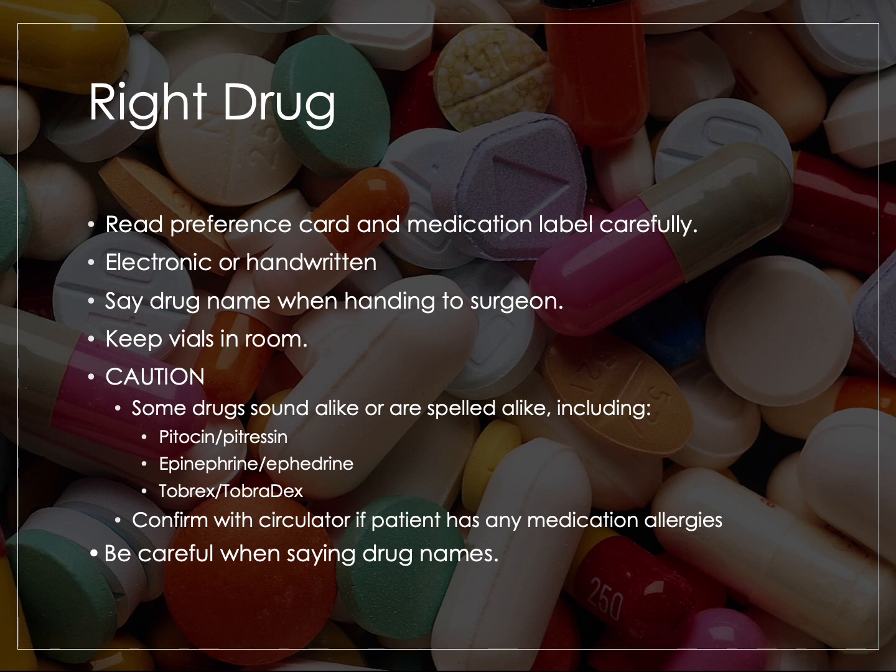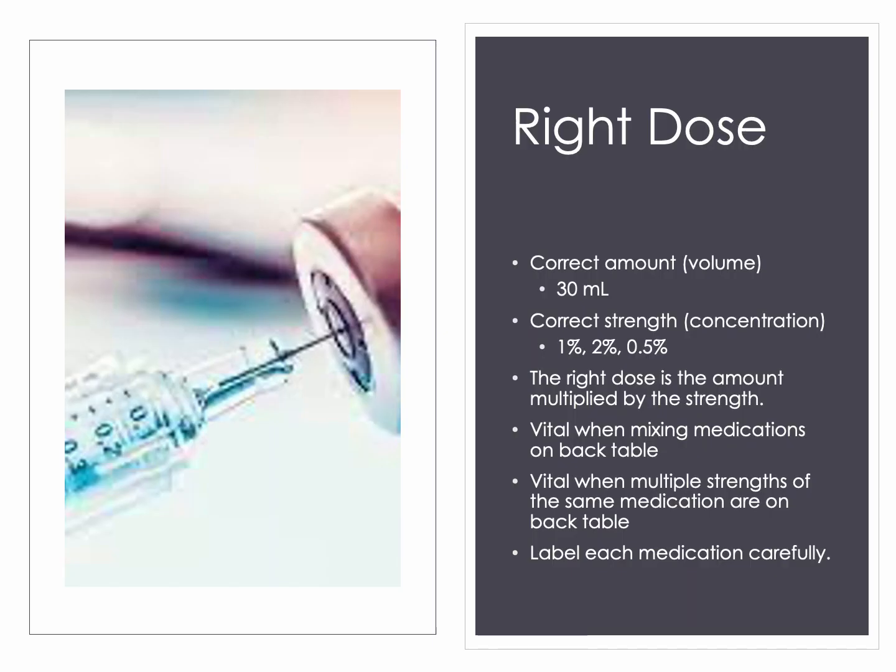You want to make sure that you do not let the surgeon rush you when you are labeling your medications. Allowing that to occur is how mistakes get made. And patients are the ones that are going to suffer the consequences.